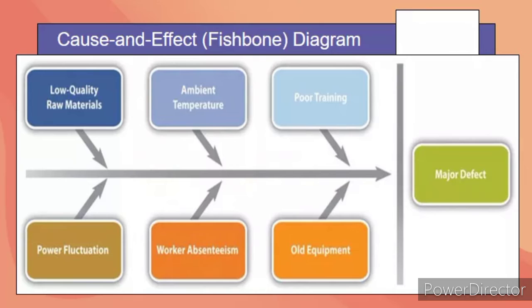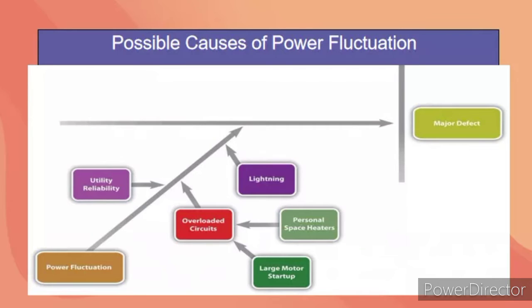Each branch of the diagram can be expanded to break down a category into more specific items. An engineer and an electrician work on one of the branches to consider possible causes of power fluctuation and add detail to their part of the fishbone diagram.